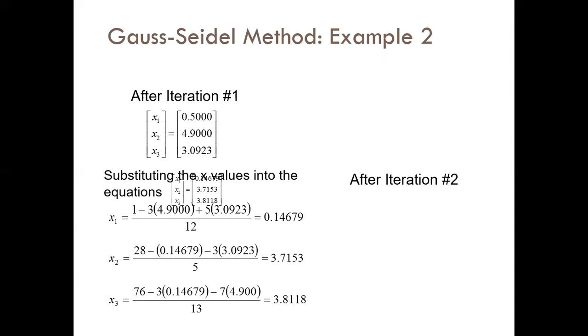Put the values of x1 and x3 in the second equation, x2 is equal to 28 minus 0.14679 minus 3 into 3.0923 divided by 5. Then the solution is 3.7153.